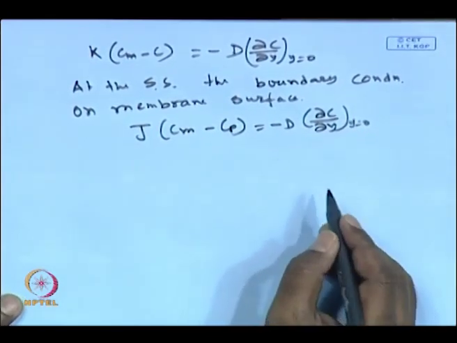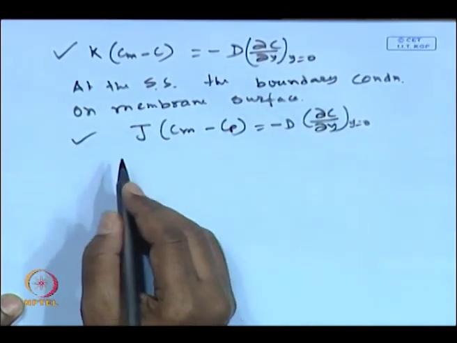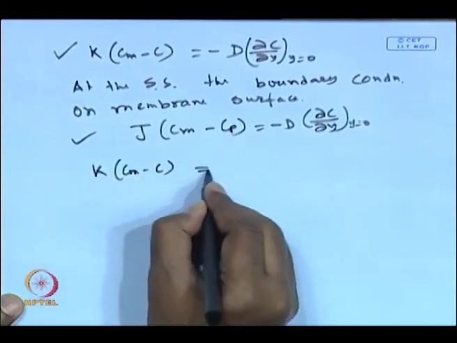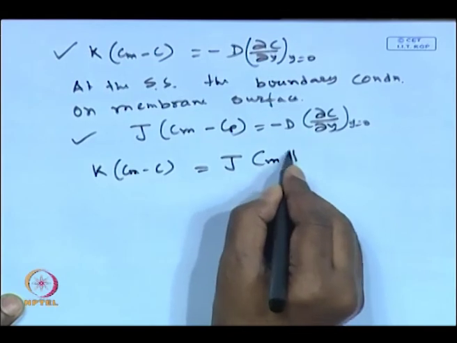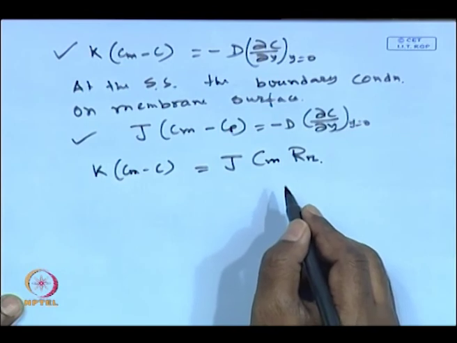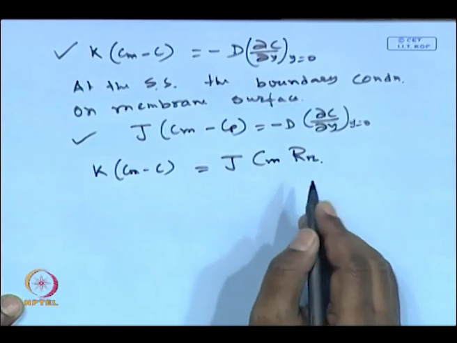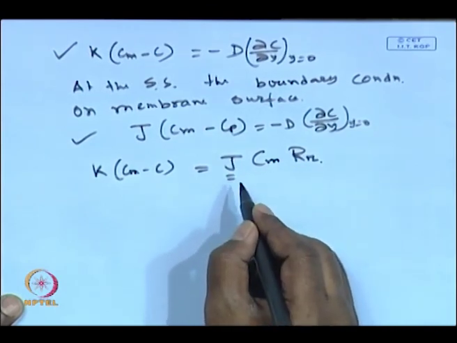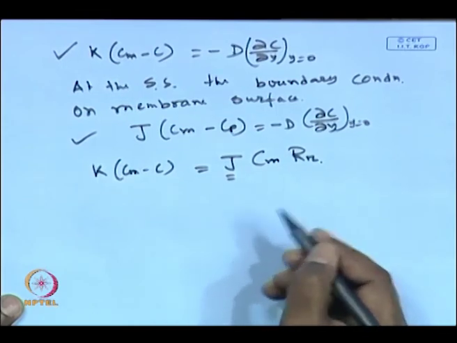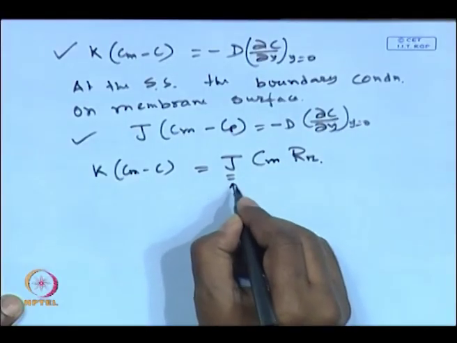So, that we have already used so many times. Now, I will equate these two equations because the right hand sides are both the same. So, you will be getting k times (Cm minus C) is nothing but J times Cm times real retention RR. I eliminate Cp in favor of Cm multiplied with the real retention RR, which is constant. Now, we have already got an expression of J, J equals LP into (delta P minus delta pi), and we have expressed how delta pi can be expressed in terms of Cm and real retention. So, insert that equation here.